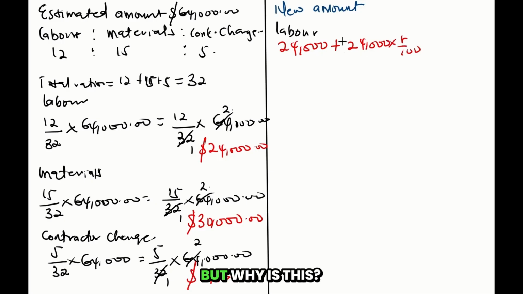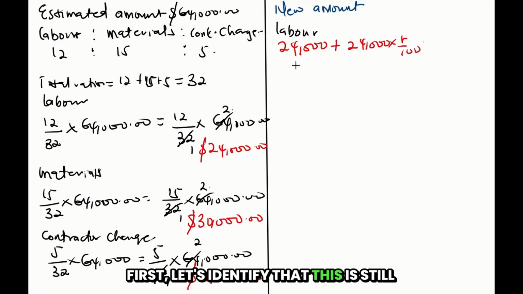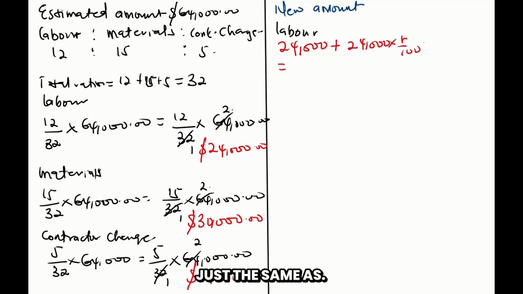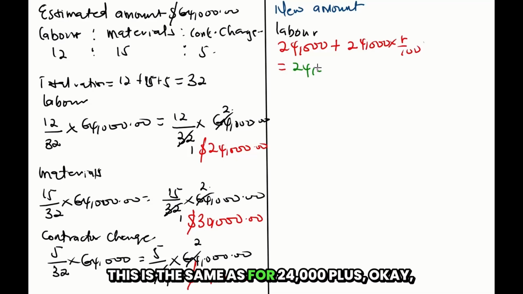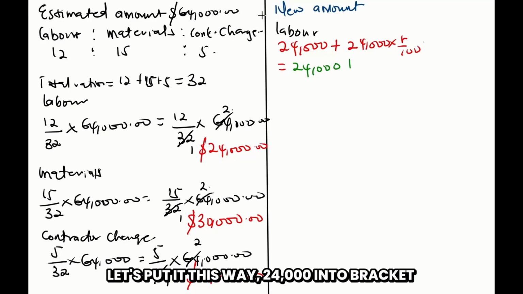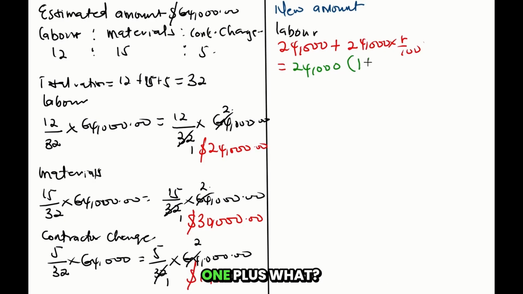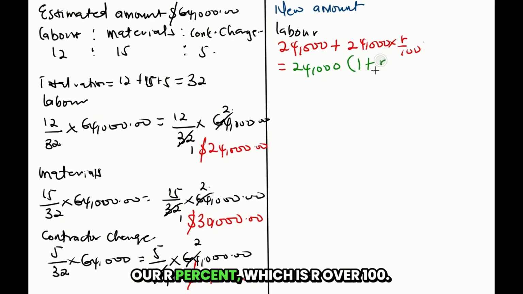This is the same as 24,000 bracket 1 plus our R%, which is R over 100.